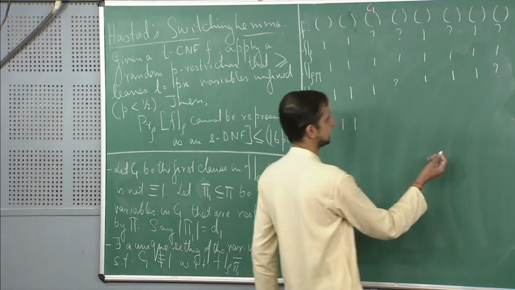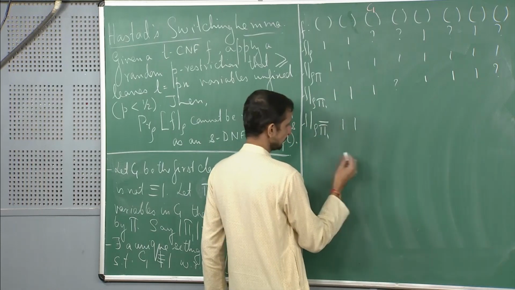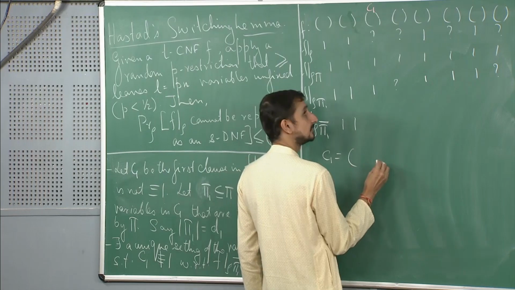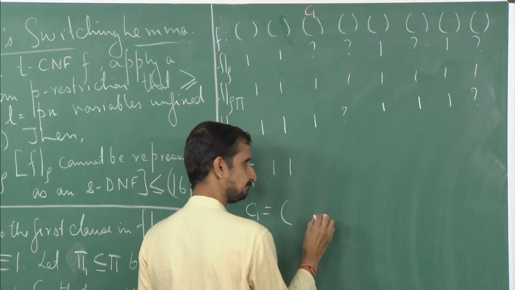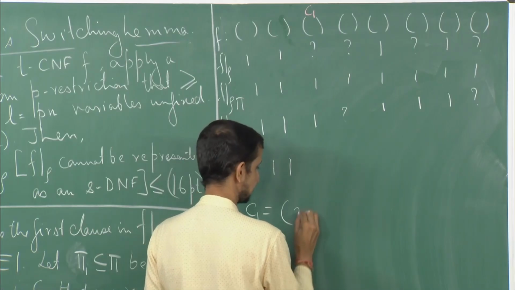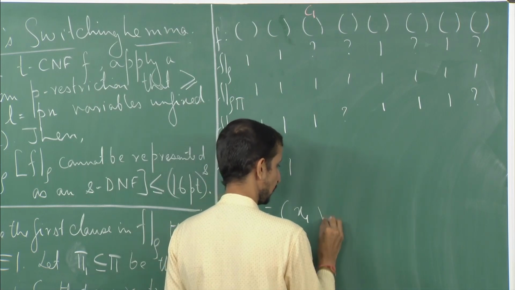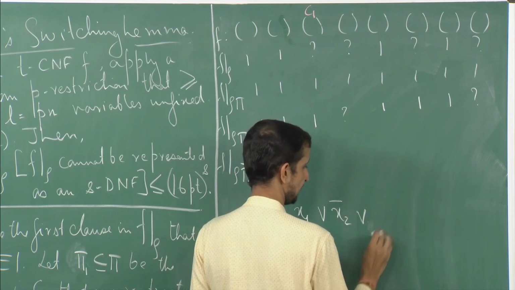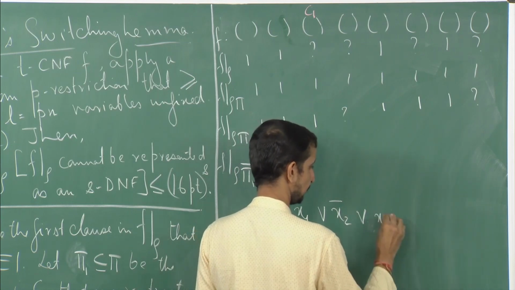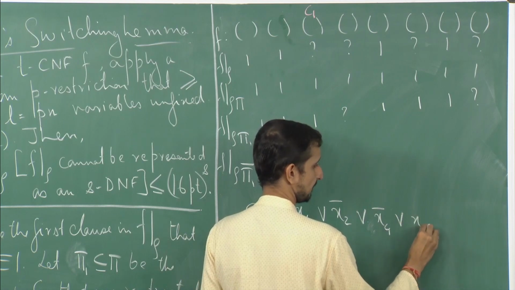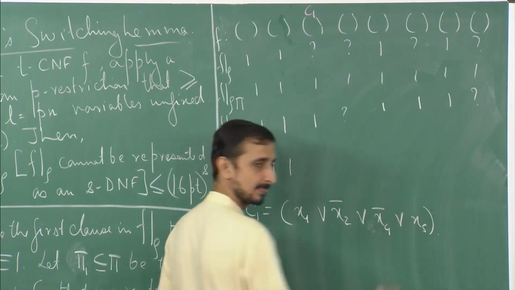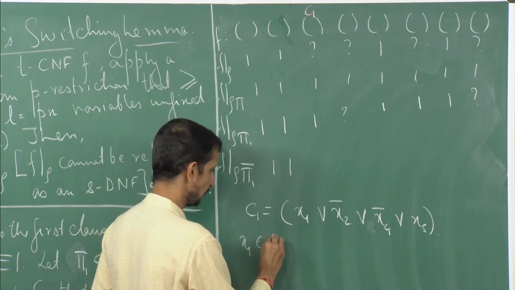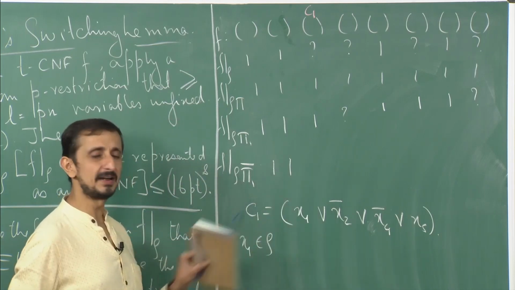So let's look at an example. This is a very good point. Suppose my C1 looked like this: x1 or x2 bar or x4 bar or x5. Now, suppose x1 belonged to rho, so rho had already fixed x1.